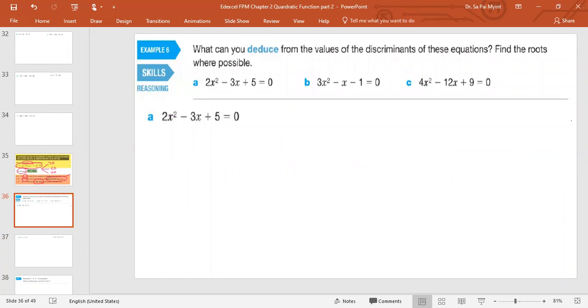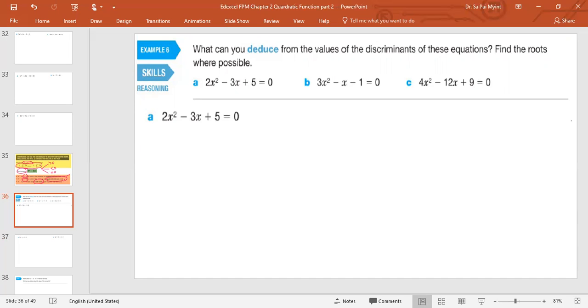Example 6. What can you deduce from the values of the discriminant of these equations? Find the roots where possible. You can check from b² minus 4ac, so first you have to find a, b, c.